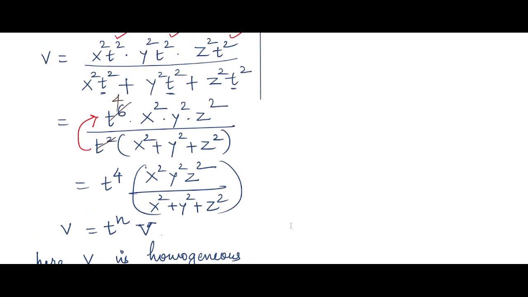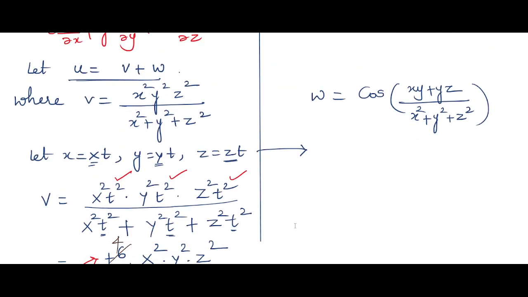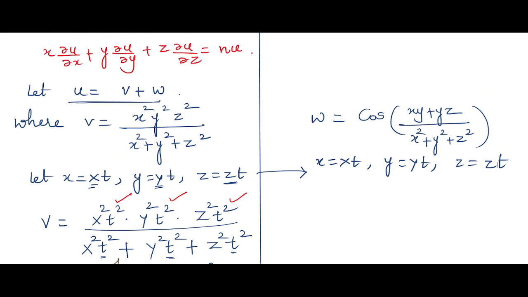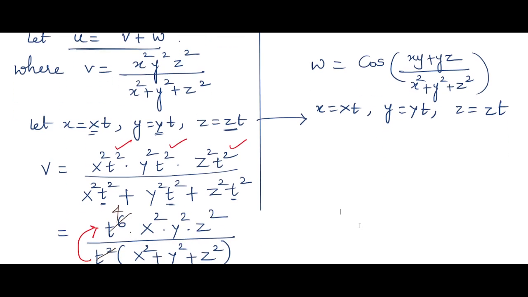So similarly we will check here for w also, by substituting again x is equal to xt, y is equal to yt, z is equal to zt. The same method we will apply for this w. So w becomes cos of, x is xt, y is yt.